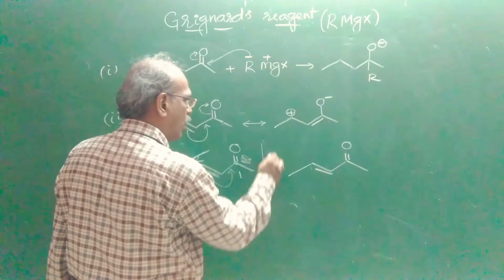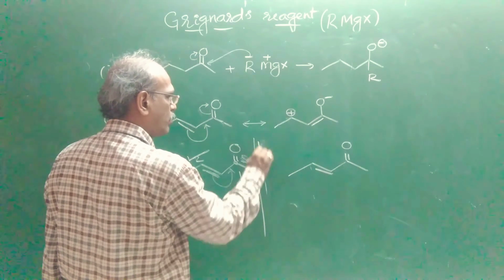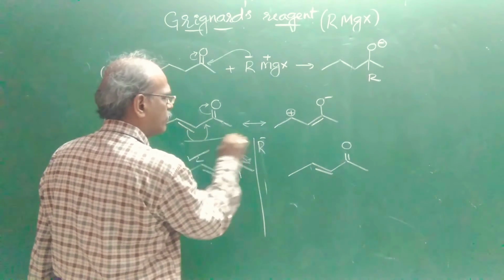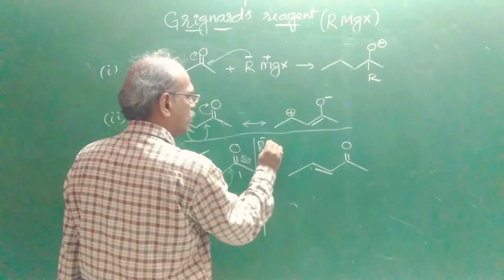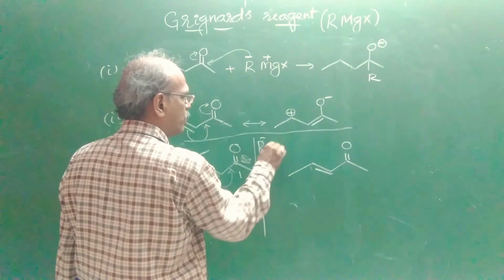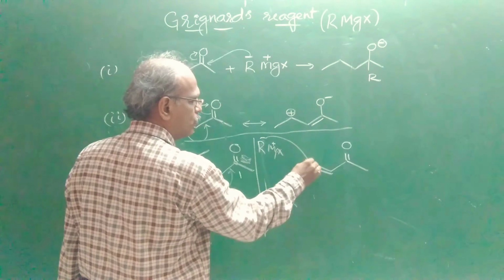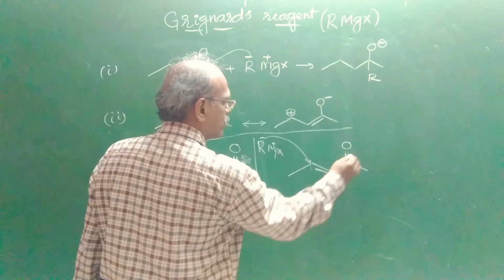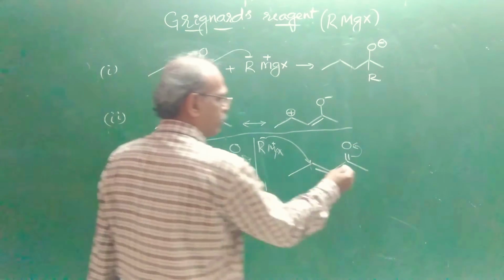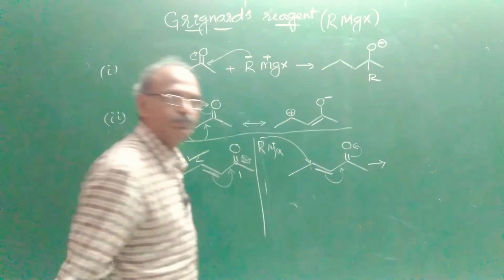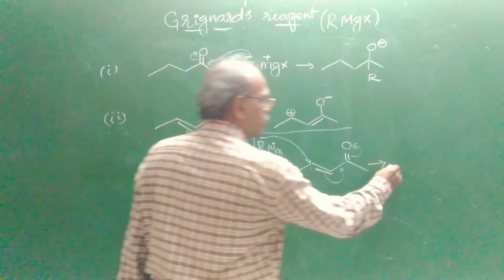See, R minus MgX plus, it donates electrons to this simultaneously. See the conjugated carbonyl compound. Then what do you get?